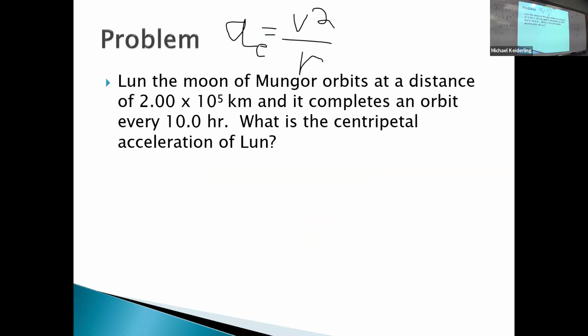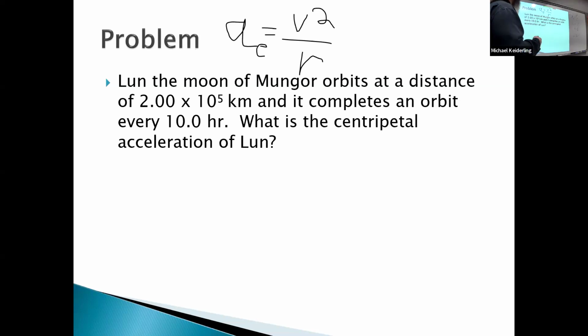Now here's one about the centripetal acceleration of a moon. So Loon, which is the moon of Mungor, orbits at a distance of 2 times 10 to the 5th kilometers, and it completes an orbit every 10 hours. So here we need to figure out what speed is. We know the time it takes to complete an orbit and the size of the orbit.